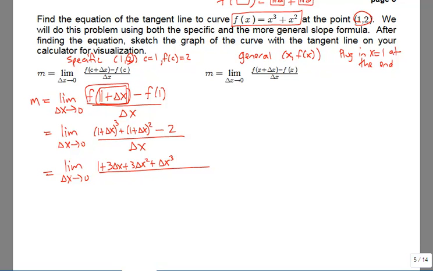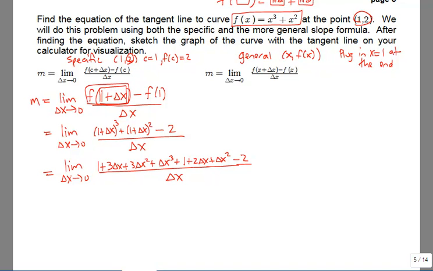And then in the middle, we want to square our binomial. So if we FOIL that out, or do it in your head, you're going to get a 1 squared, you're going to get 2 delta x's, and then you're going to get a delta x squared on the end. And then we have our minus 2 on the side, and all of this is over our delta x.